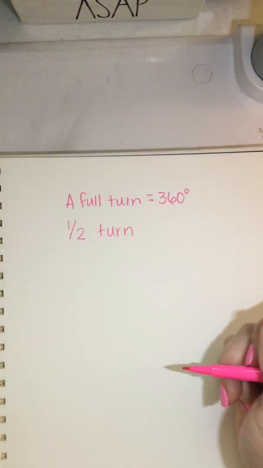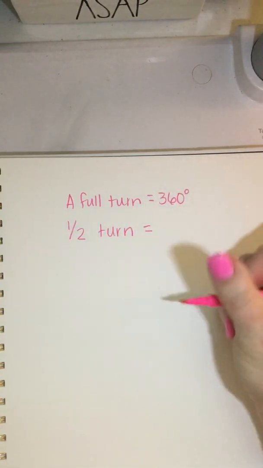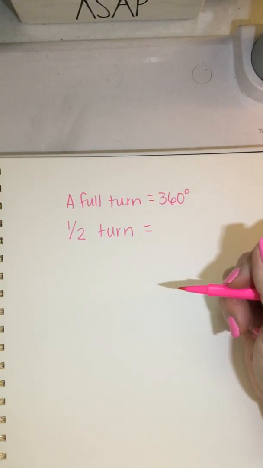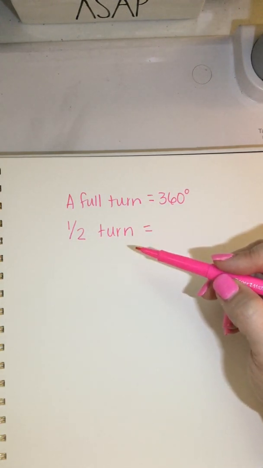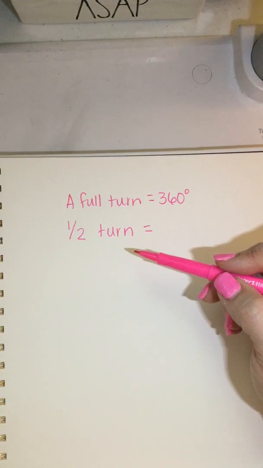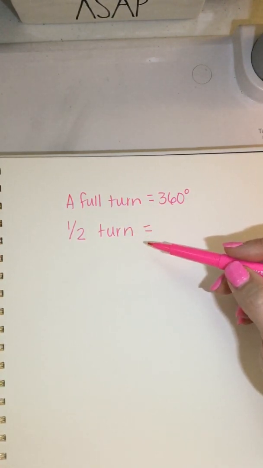Where are you facing now? Should you be facing the door again, or should you be facing something else? Okay, when I do a half turn, I'm facing the opposite direction from where I just faced. So how many degrees did I turn if I'm facing the opposite direction of where I just faced?